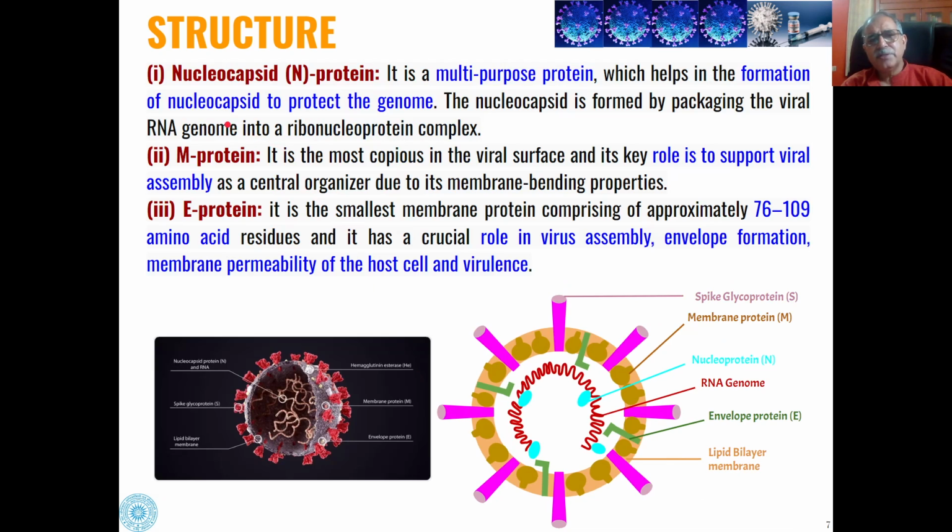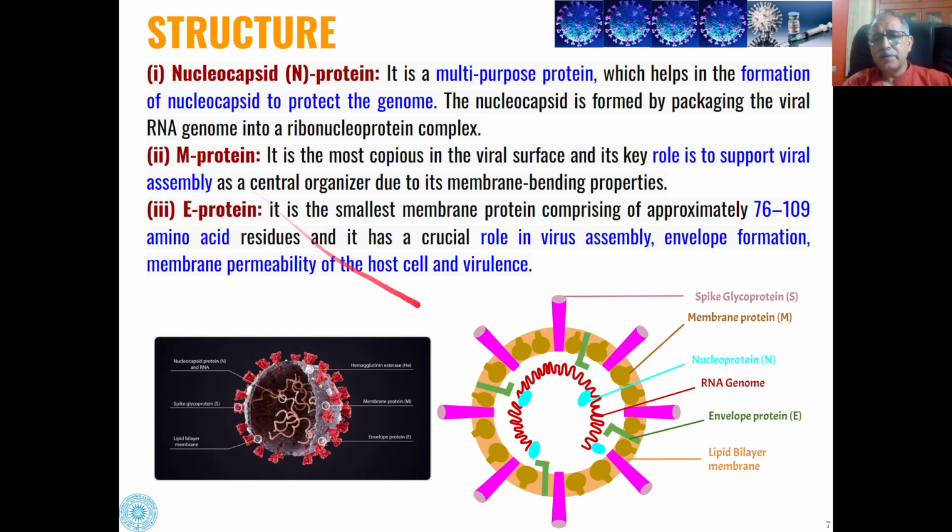Now, as far as the nucleocapsid protein is concerned, it is a multi-purpose protein, and it helps in formation of the nucleocapsid to protect the RNA genome. So this is mainly used for the protection of the RNA genome, and the nucleocapsid is formed by packaging the viral genome into a ribonucleoprotein complex.